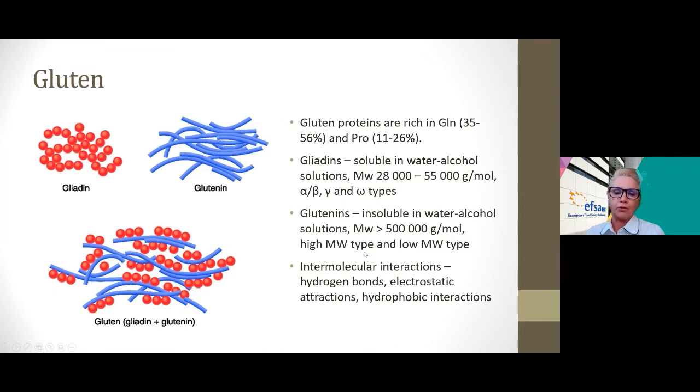They consist of long chain proteins, and there are two types depending on the molecular weight: high molecular weight type and low molecular weight type. Between the gliadins and glutenins exist strong intermolecular interactions like hydrogen bonds, electrostatic attractions, and hydrophobic interactions.